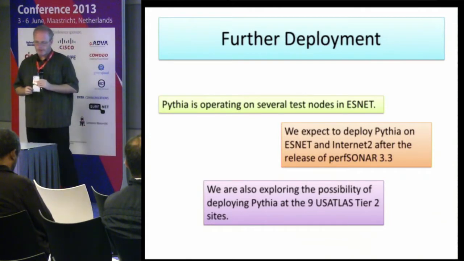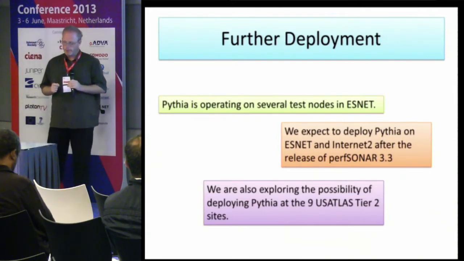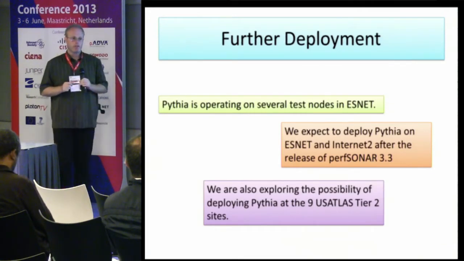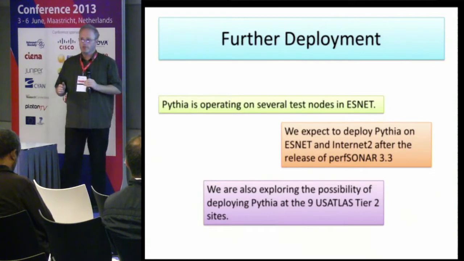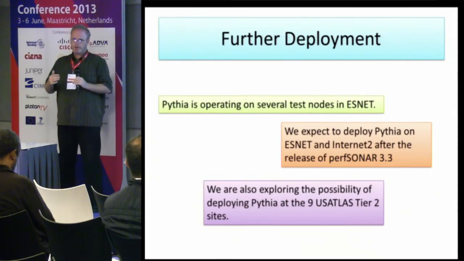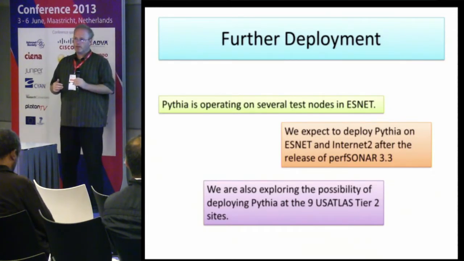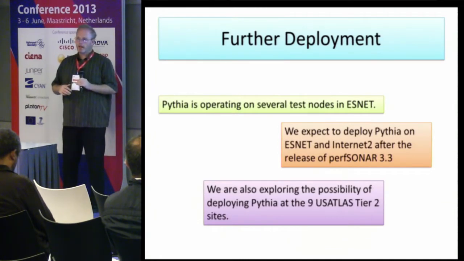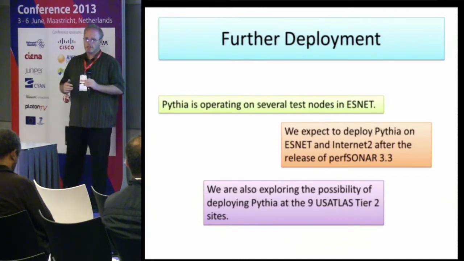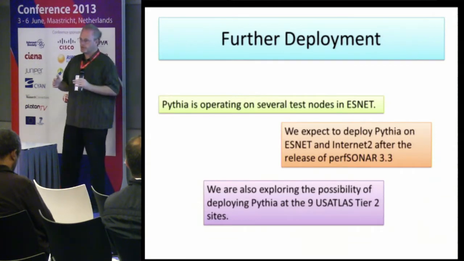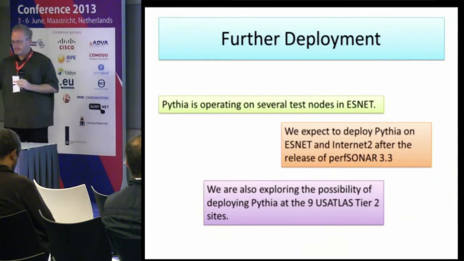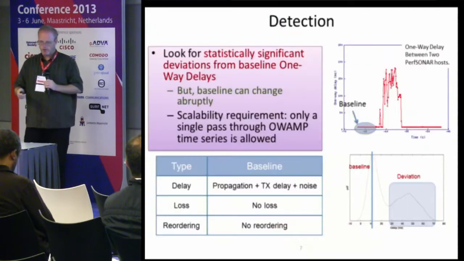But we're also talking about the possibility of putting Pythia on 9 US ATLAS Tier 2 sites. There's an awful lot more US ATLAS sites than that, but right now Pythia doesn't scale too well. I'll kind of touch on that again in a little while, but we don't have the ability to look at hundreds of data sets.